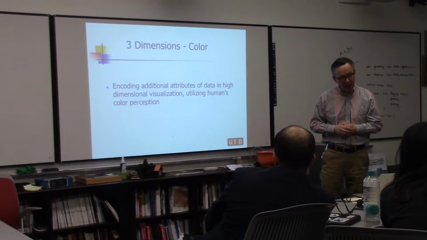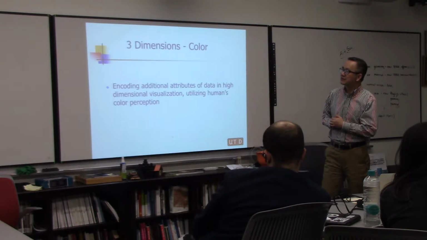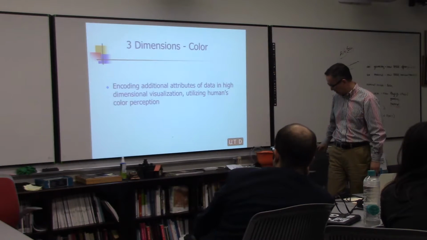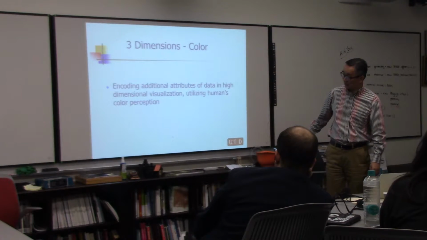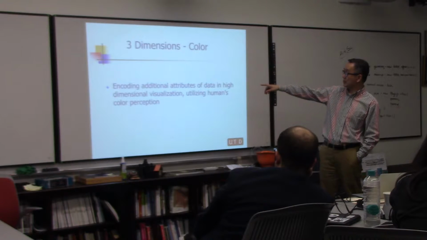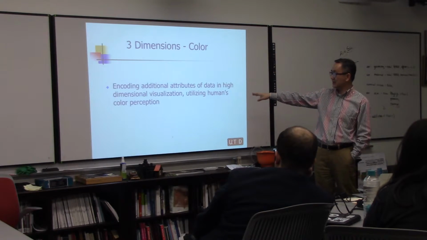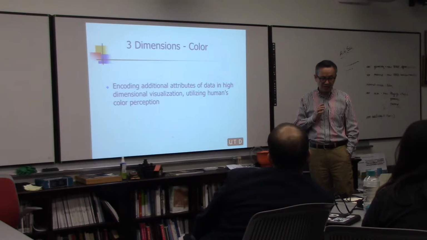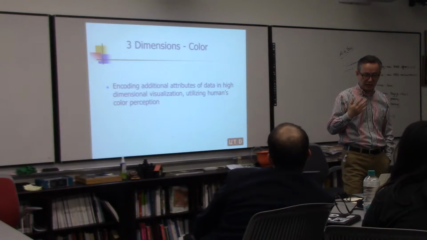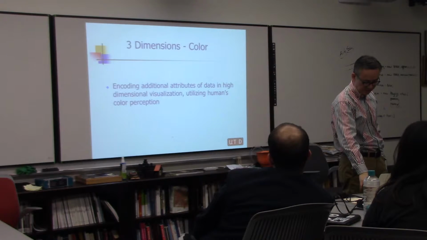And using color in information visualization, of course, is very common and also very successful. Like in encoding additional attributes of data in high-dimensional visualization, we want to utilize humans' color perception. So we use color coding to render different information.